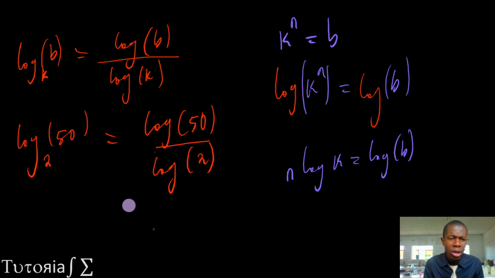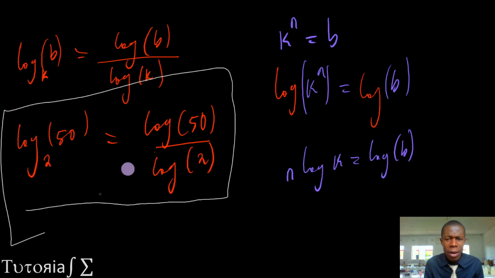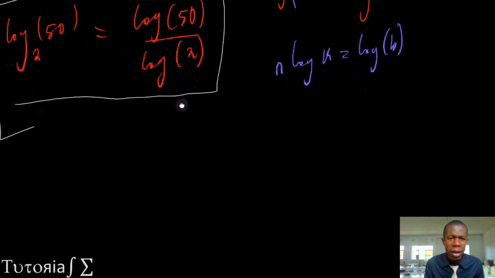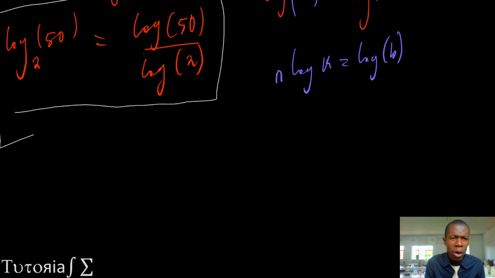I'll come back to this proof, but you should also know how to convert a log to index form. So for instance, you have log of b to base k equal to n. How do you convert this to index form?